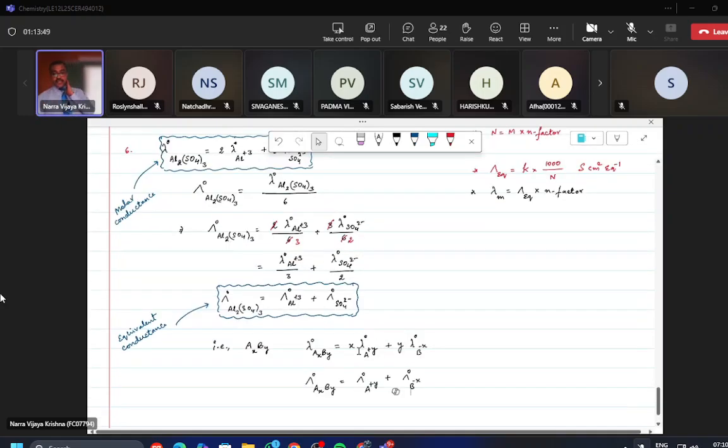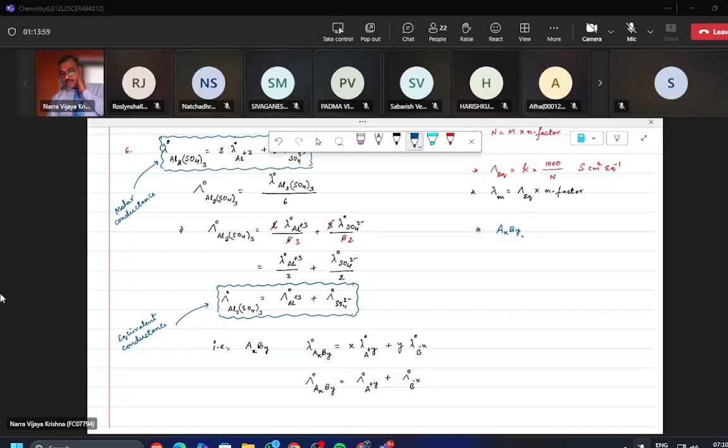Same thing we have studied in the ionic equilibrium chapter also, if you remember, solubility product. Let us consider AxBy is the salt, which gives x A^y+ ions plus y B^x- ions.